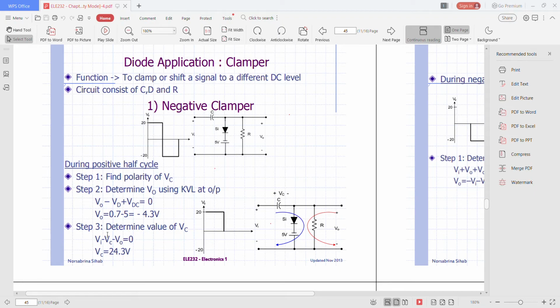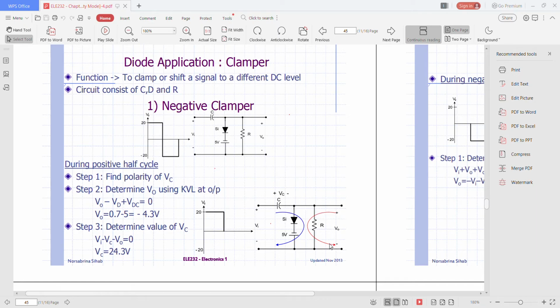In step 3, you need to determine the value of Vc. So you have to refer to the blue color arrow here, the blue color loop. So the equation is Vin minus Vc minus Vout equals to 0.